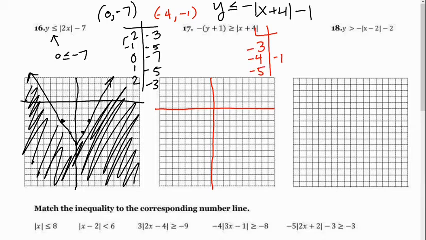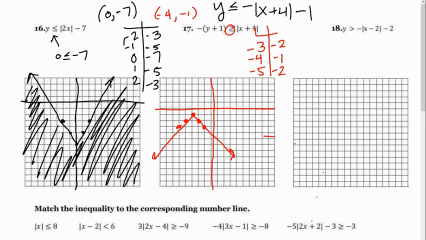If I plug in negative 3 to this one up here, I get 1, turn it negative, negative 1, minus 1 is negative 2. Same with 5. You should plug in a few more points. And this should be upside down. And a solid line based on this here.